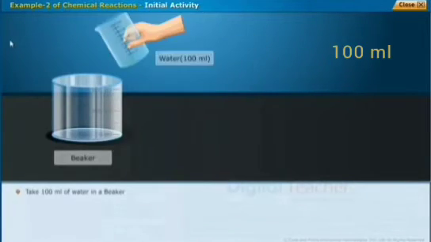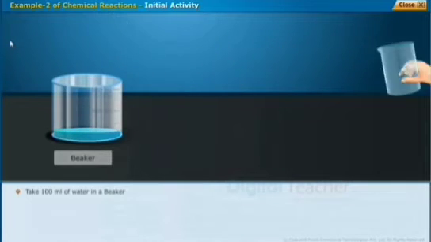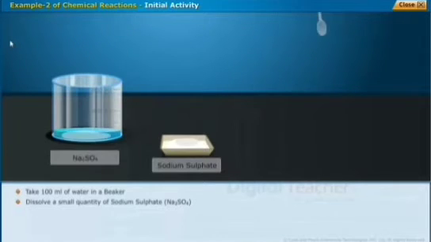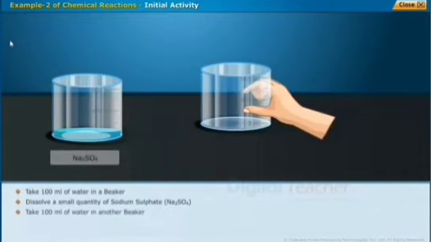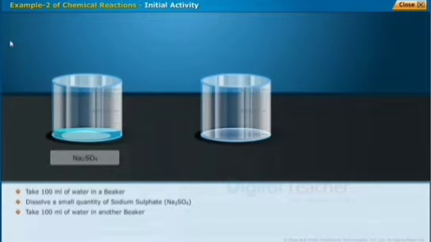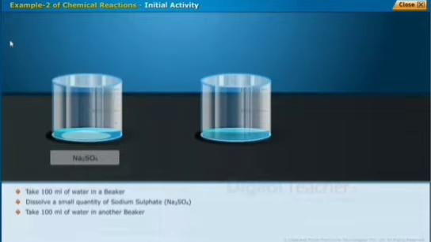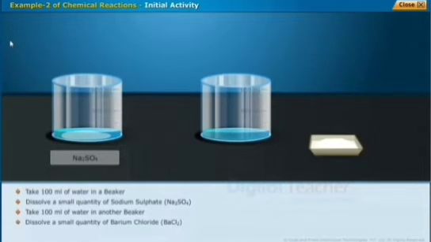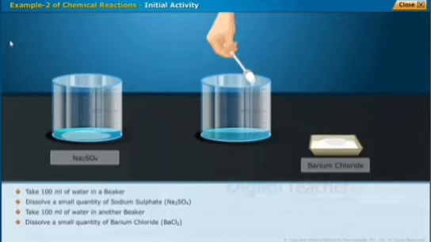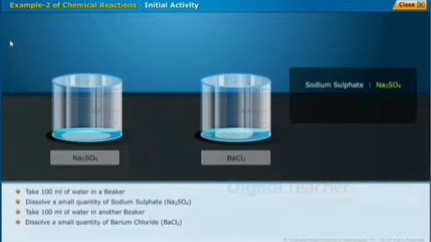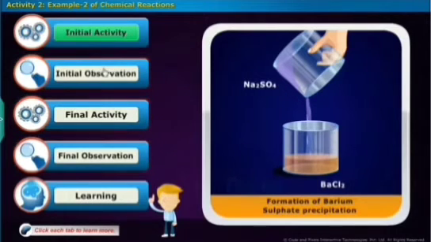Take 100 ml of water in a beaker. Dissolve a small quantity of sodium sulfate, Na2SO4. Take 100 ml of water in another beaker. Watch very carefully. Dissolve a small quantity of barium chloride, BaCl2. Initial observation.